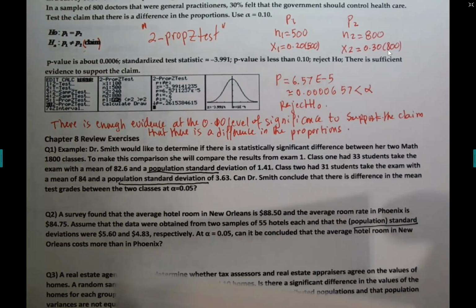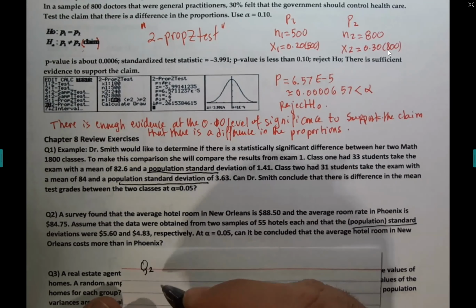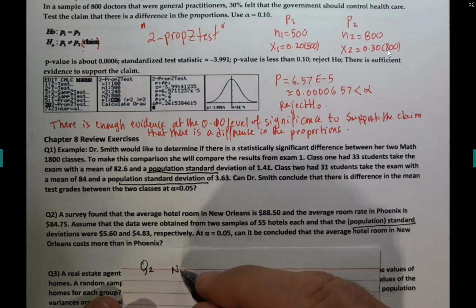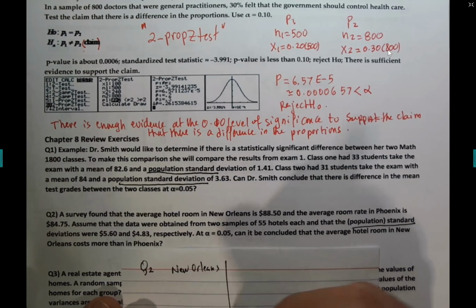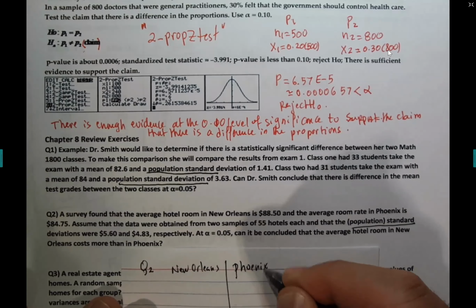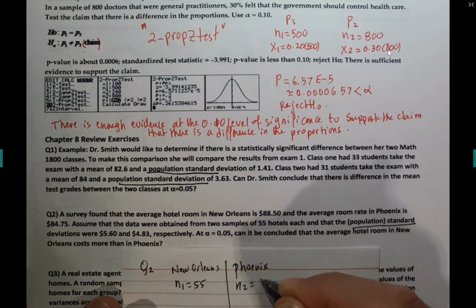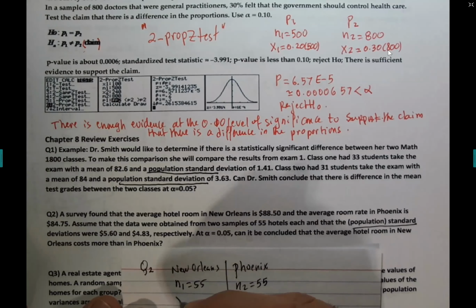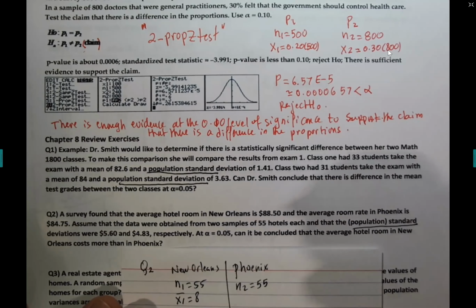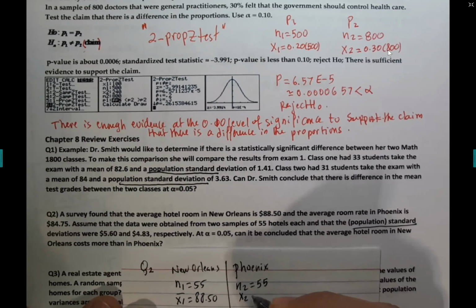So question 2, we have New Orleans, and we have Phoenix. We have N1 is 55 and N2 is 55, he says. We have X1 bar, the rate, to be 88.50, and the rate in the other city to be 84.75.